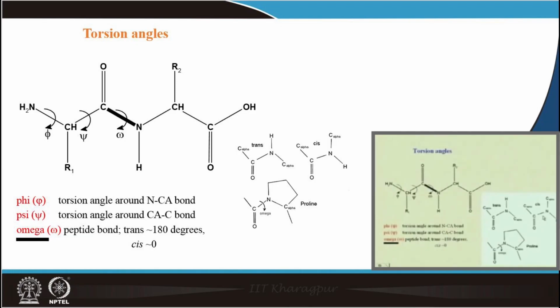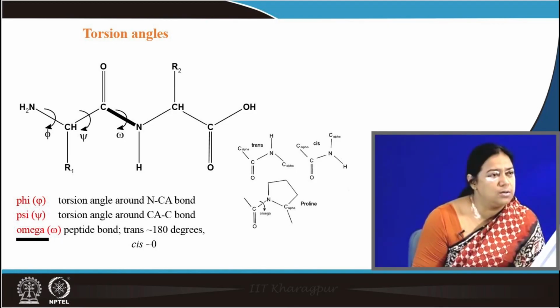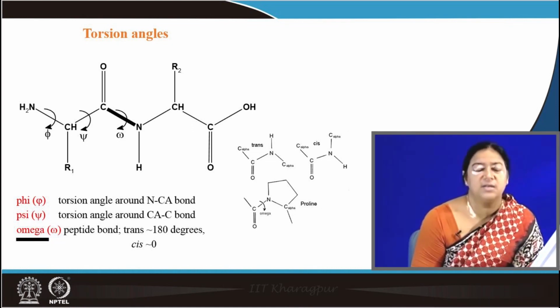Now why do I call them rare cases? If you look, you just have the C alpha here. What is attached to the C alpha? The rest of the side chain. So what might happen here? Steric hindrance, a clash of the side chains, unless they are very small. So what would I expect? I would expect the peptide bond to be preferably trans in nature.